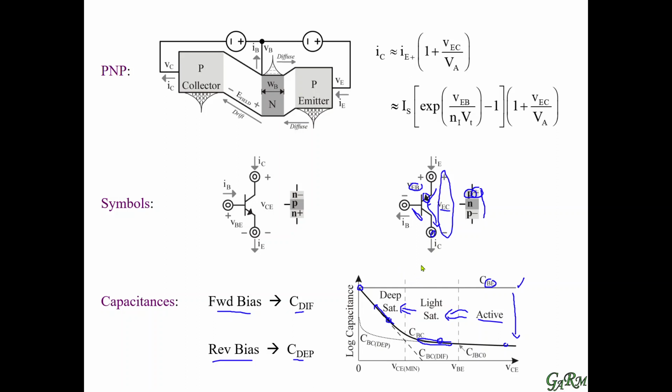So if I move markers here, the main point is that capacitances for the base emitter and the base collector junctions are based on how they're biased and what voltages are applied to them.